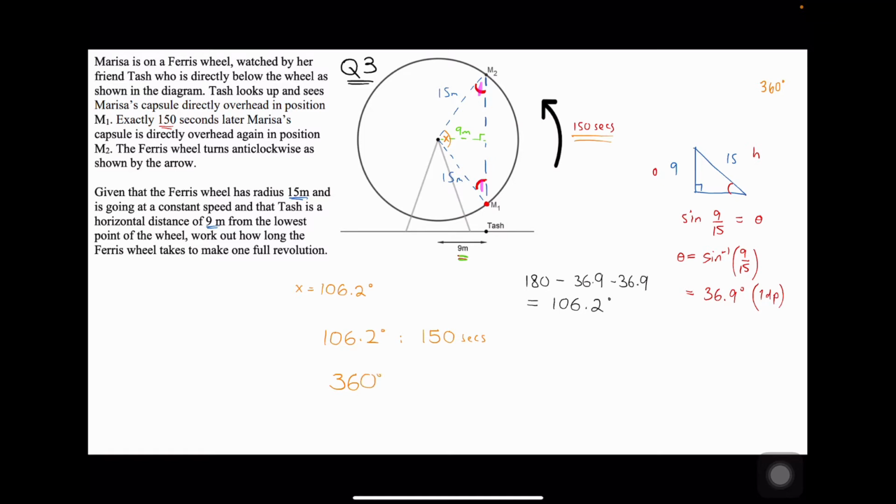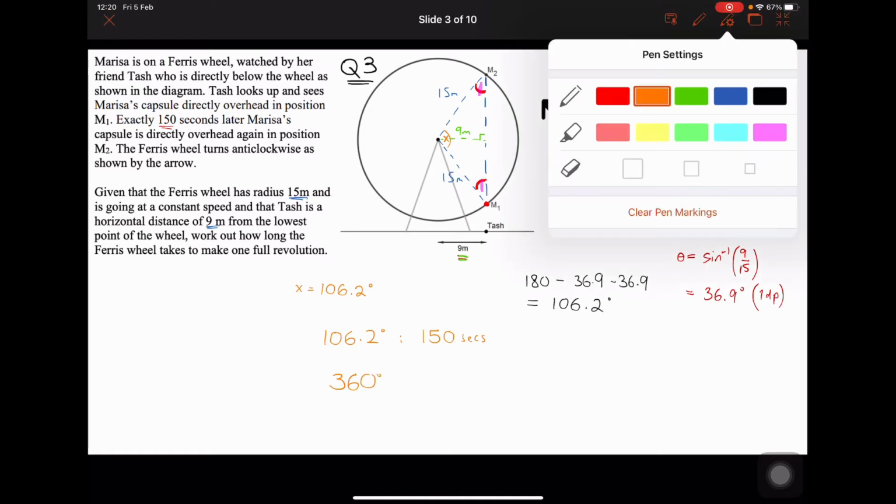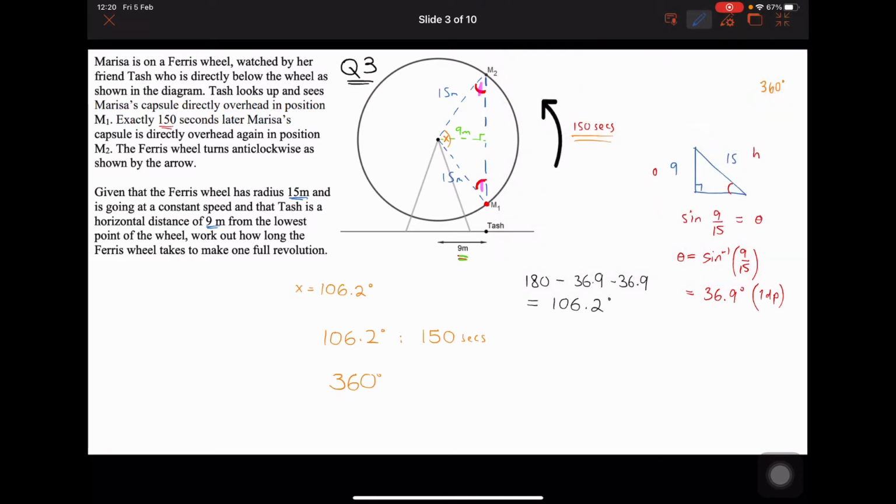So how do we get from 106.2 to 360? Alright, multiply by 360 over 106.2, because 106.2 multiplied by 360 over 106.2 would give you 360.